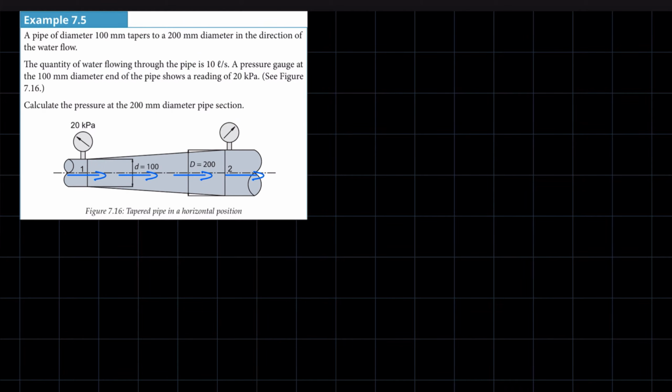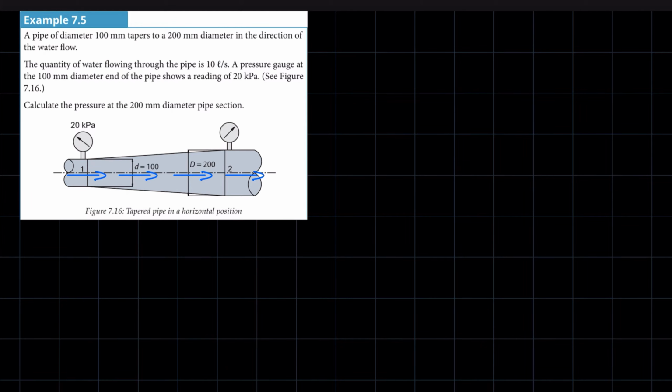Now it is important to note that when applying Bernoulli's in a problem where you're looking at flow through a pipe, whether the pipe is horizontal, at an incline, or vertical, where the water is entering you take that section as 1, and where the water is exiting you take that section as 2.